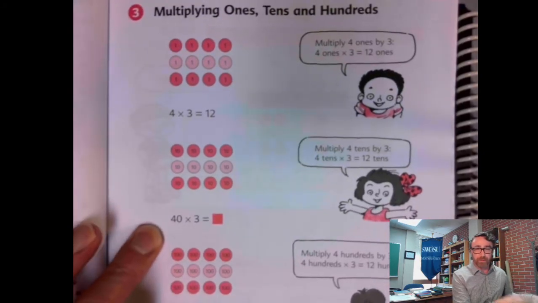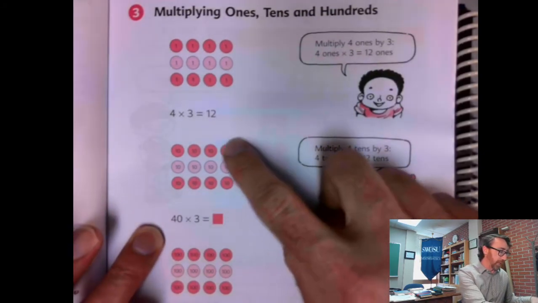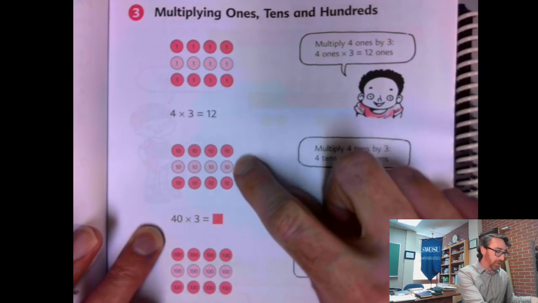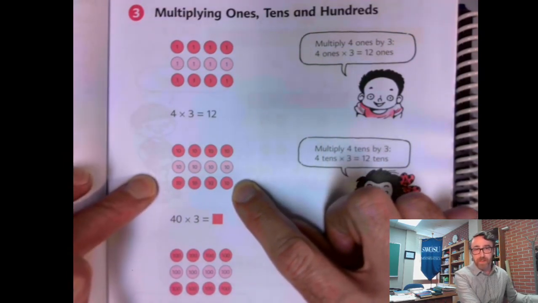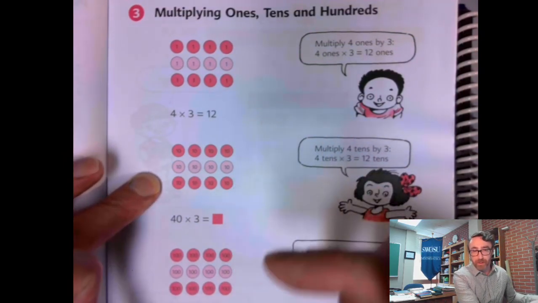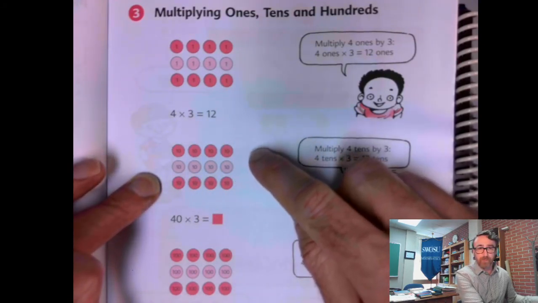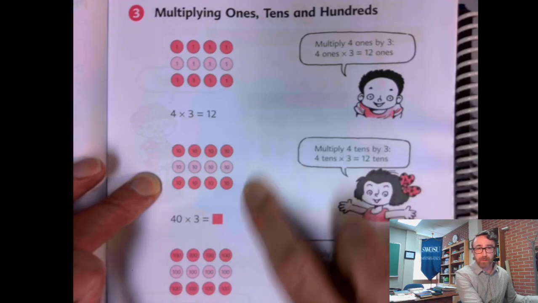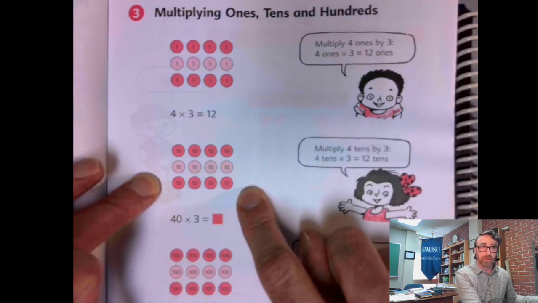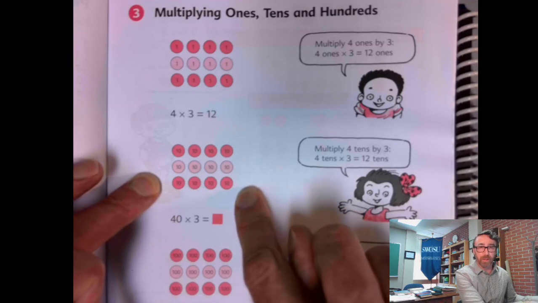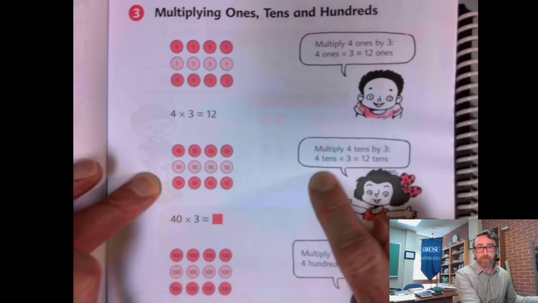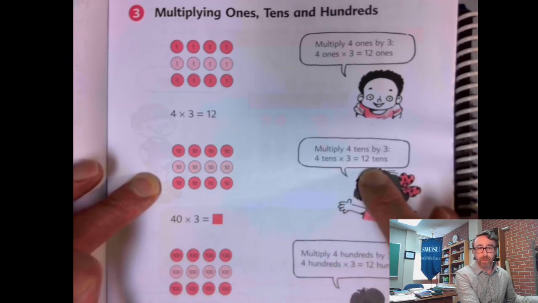40 times 3 is actually not much harder, because we'd have 3 groups of 40, which we could illustrate with 4 value 10 chips. So we have 12 groups of 10. 4 tens times 3 is 12 tens.